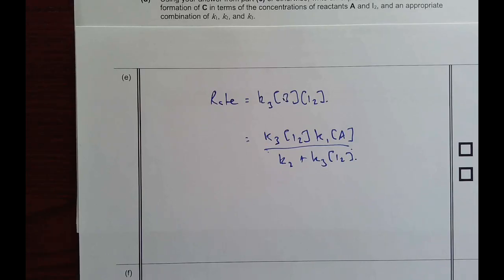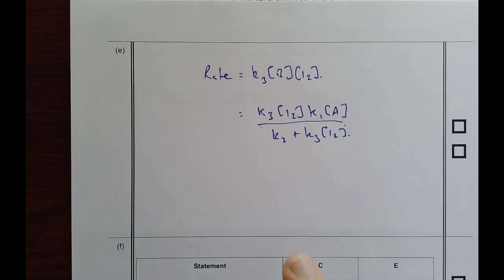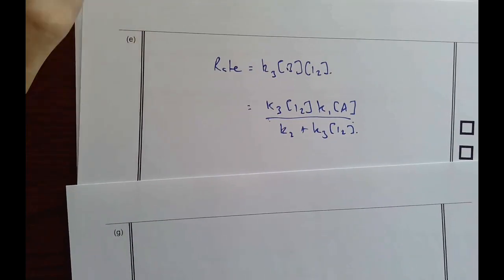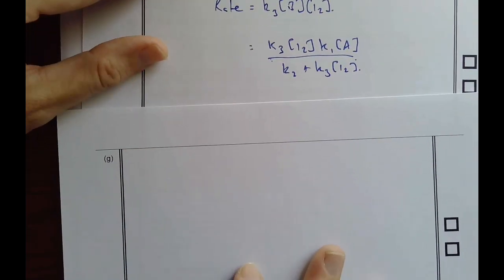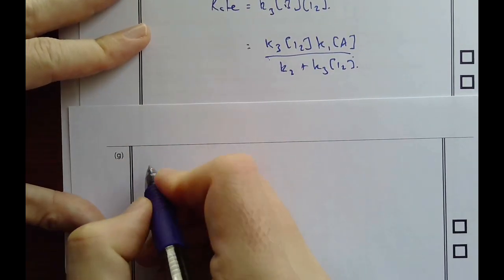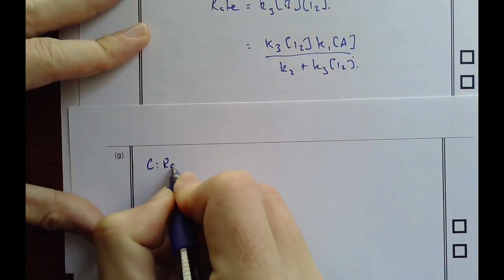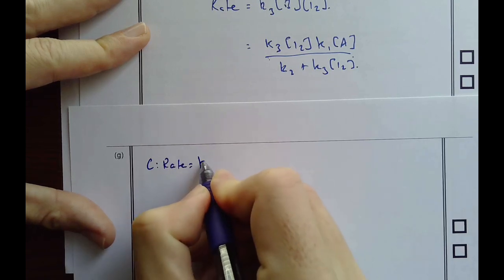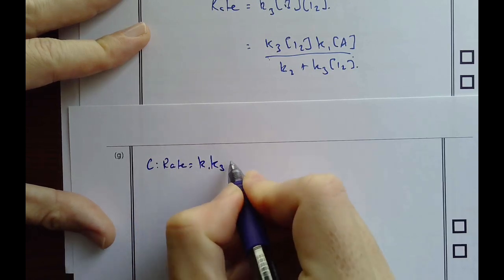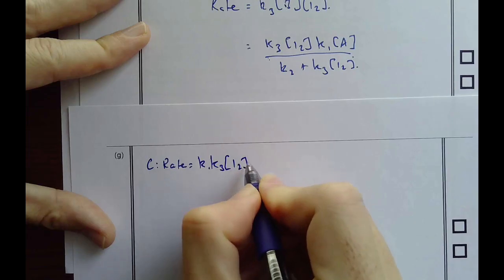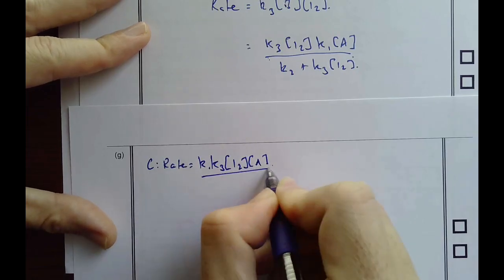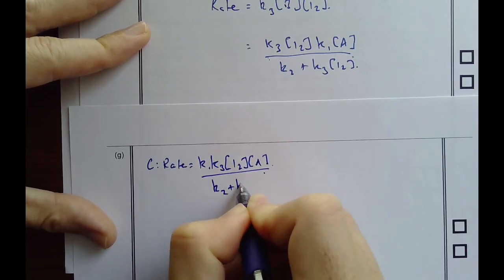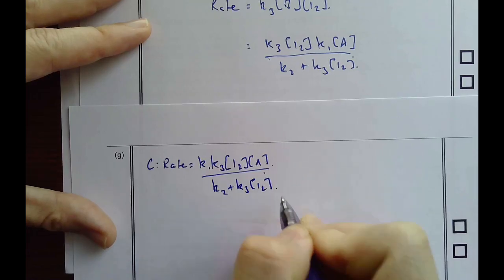Now, this is going to get a little bit complicated, although it doesn't really need to be. So this is our rate of formation of C. So I'm going to write it out just carefully. So for C, our rate is going to be K1, K3, I2, A, over K2 plus K3, I2.